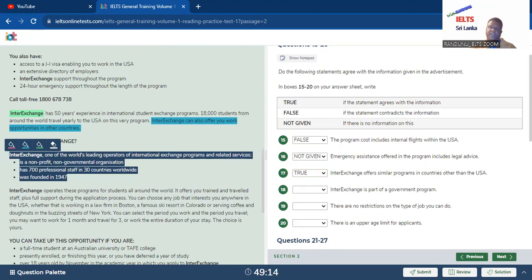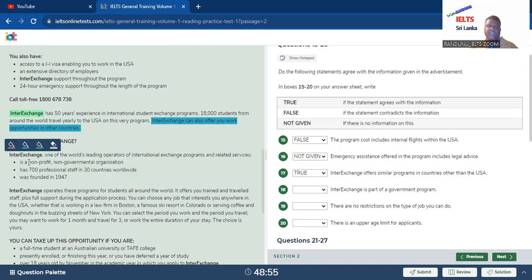The level of difficulty in true, false, not given questions in General is not much, but when you do the same kind of questions in Academic, they are more difficult than this, right? Okay, the answer is false. Yes, here it is non-governmental. This is an NGO, non-governmental organization. So here it says government organization, but it's false.